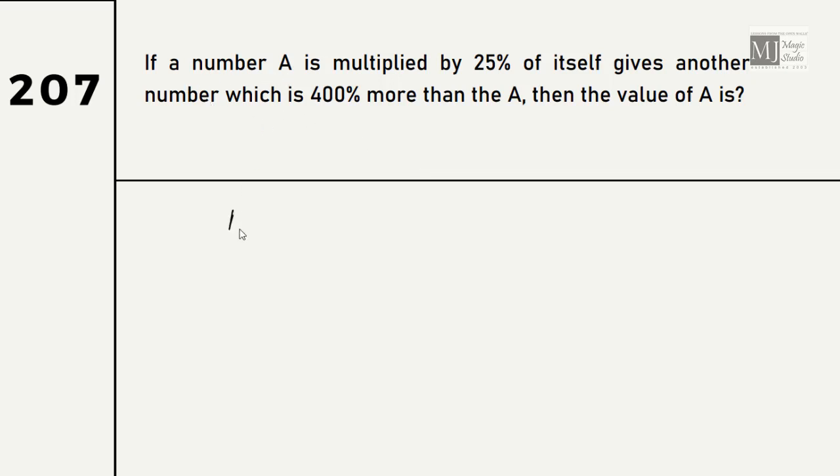If a number A is multiplied by 25% of itself, 25% of itself means 25 by 100 into A, then we get a new number.